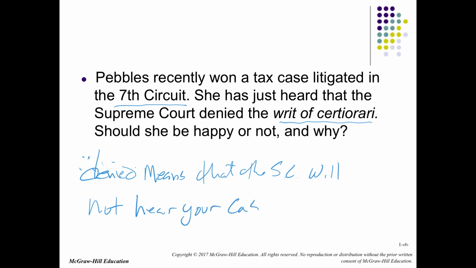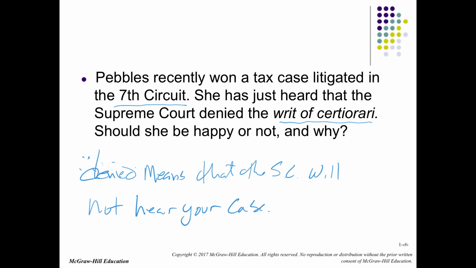hear your case. So tax cases are brought in front of the Supreme Court. Obviously, the Supreme Court is very, very busy. There are lots of important cases that are waiting to be heard by the Supreme Court. So in order for a tax case to make it on the Supreme Court's docket, it has to be a new issue, and it has to be an issue that has the potential to impact a very large number of taxpayers.